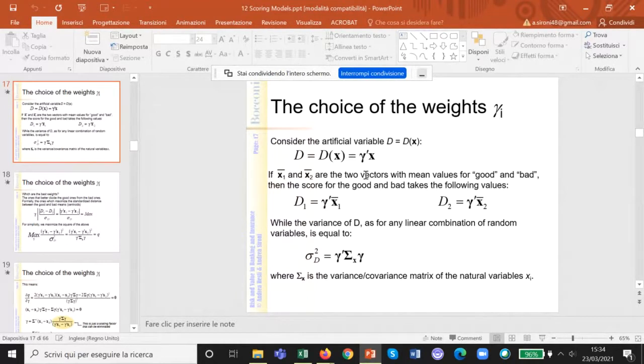If it's a default, it would be 1, and if it did not default, it would be 0. And then we use as independent variables the accounting ratios or the other variables that you want to use.